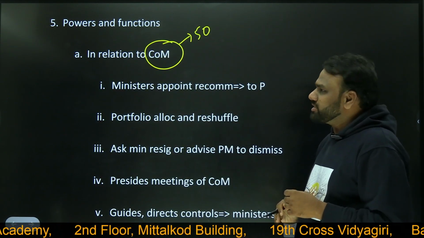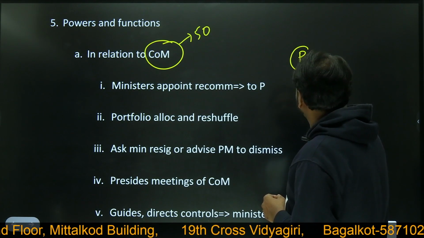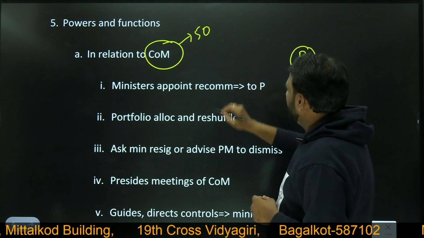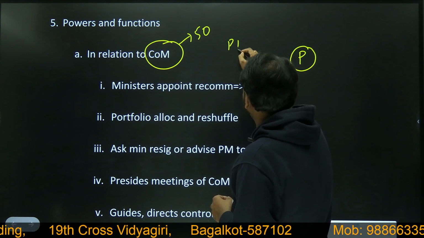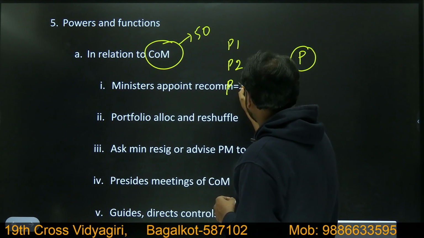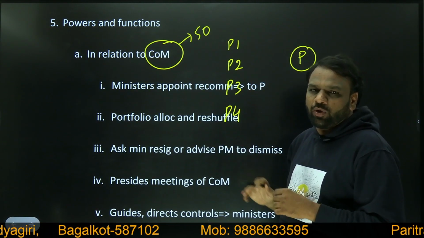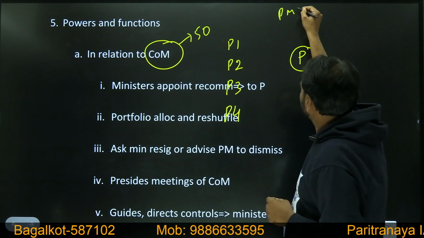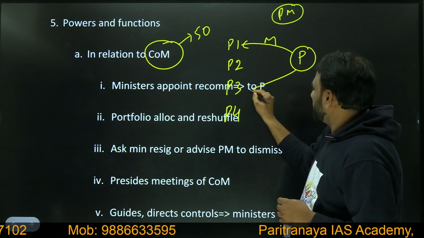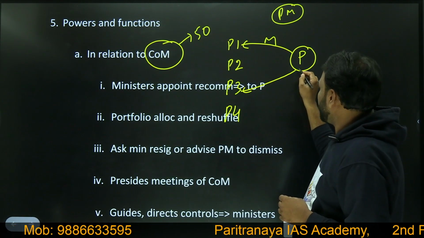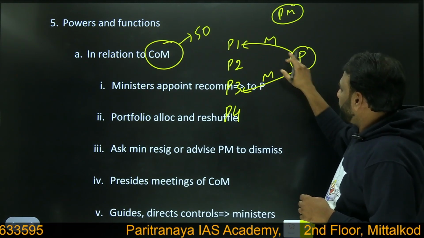Next, ministers' appointment and recommendation to president. What kind of role does prime minister play? Here we have president, and person 1, person 2, person 3, person 4. All these are members of either Lok Sabha or Rajya Sabha. Prime Minister recommends person 1 and person 3, so President will appoint only person 1 and person 3 as ministers.